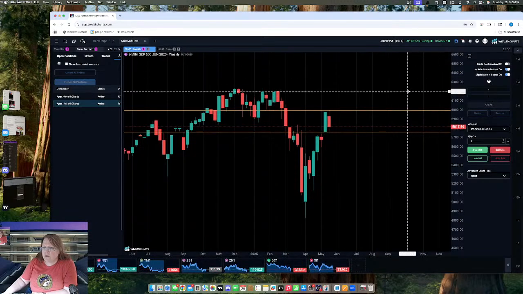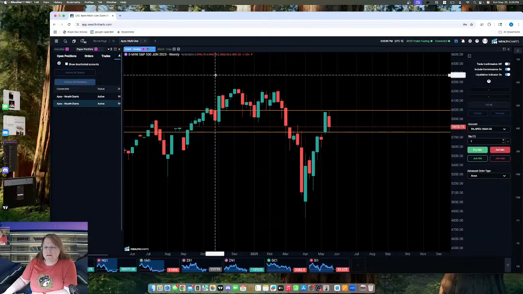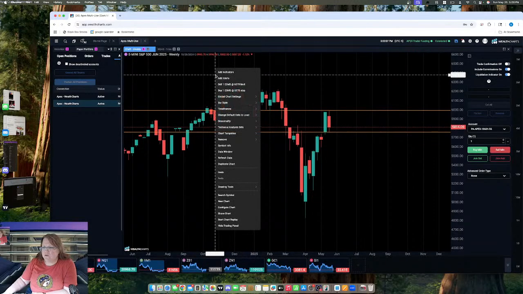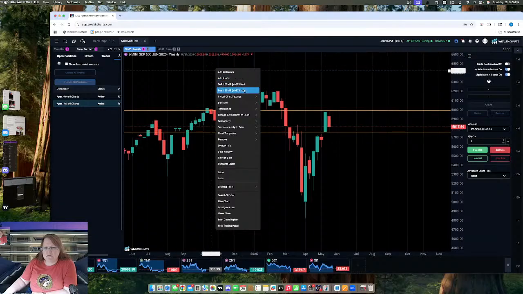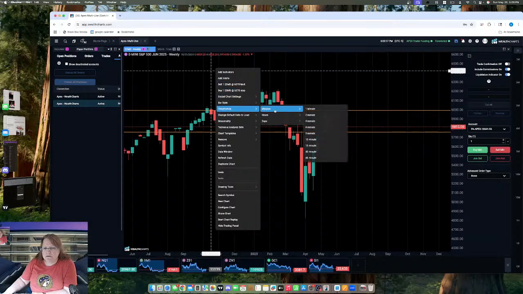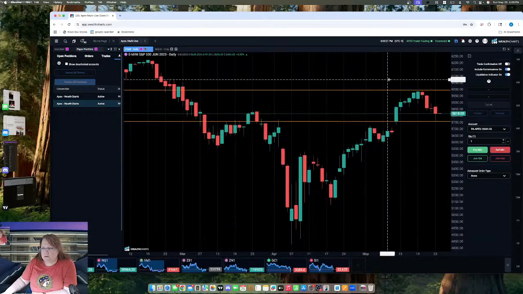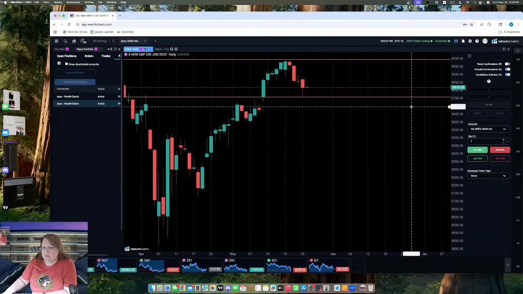All right, we are open, it looks like. That's interesting why it didn't create a new weekly candle there, but it's moving. That's weird. I don't like that. There we go.